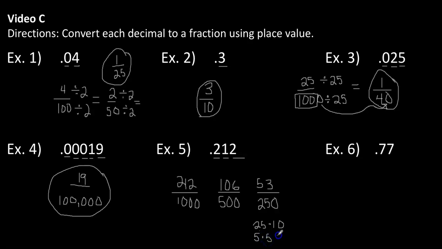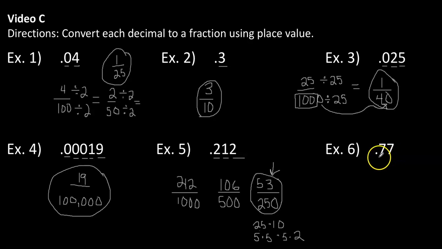And 10 breaks down into 5 times 2. So I have the prime factorization of 250. So essentially I just need to check 53 and see if you can divide it by 5 and by 2. You can't divide 53 by 5 because it doesn't end in 0 or 5. You can't divide 53 by 2 because it's not an even number. So we know that that's simplified completely.